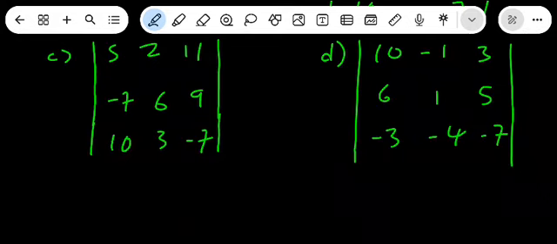So we have to add the matrix C plus D. What will this be equal to?